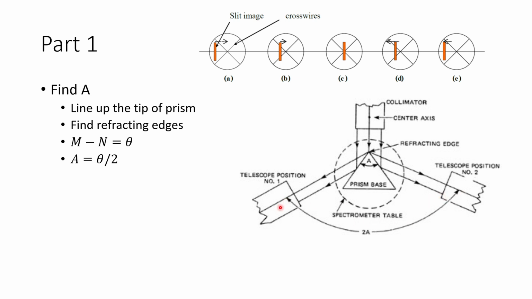Find location M and location N, subtract one from the other, and you would be able to calculate A, which is half the difference between the angles. Usually when you twist this, you would have a different light coming in. So as you twist to find the optimum point, you should be able to focus the crosshair on top of the light coming out of the slit.